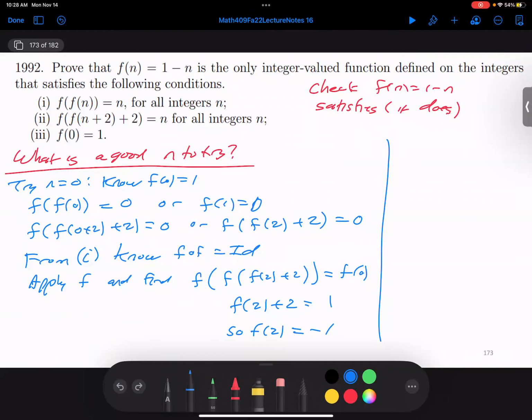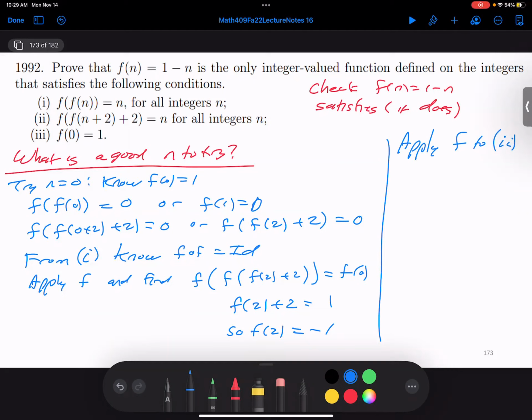Well, if I just apply f to the left-hand side of 2, what happens to that f on the outside? I'll have f of f. What's f of f? It goes away. So just apply f to the second condition.